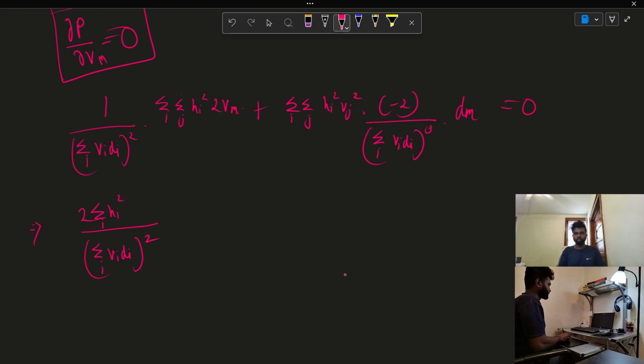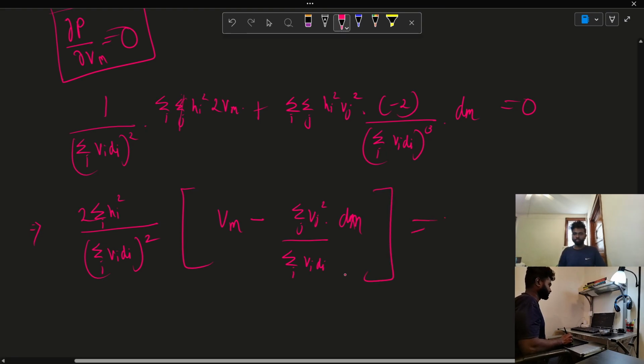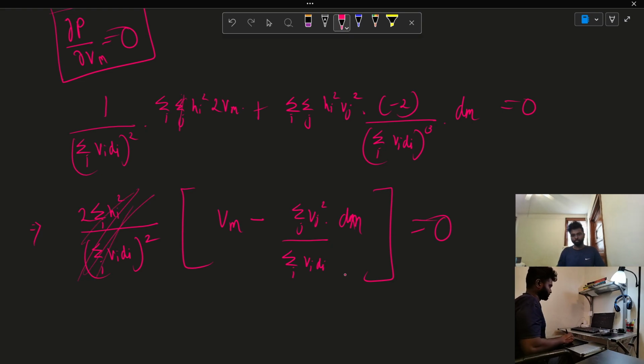So we'll be left with v_m minus summation over j of v_j squared times d_m, divided by summation over i of v_i d_i, because we have taken the square term out and only one term is left. This is equal to 0, and this other term cannot be 0, so we cancel it.